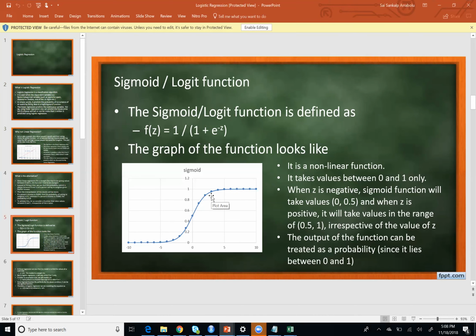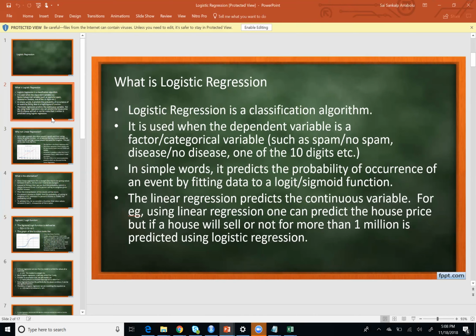So the first line here says logistic regression is a classification problem. You are absolutely right in that sense. But the way we are trying to solve the classification problem is by using regression. Regression means that you are trying to fit a model to your data.